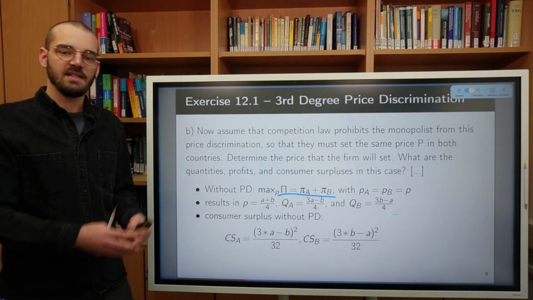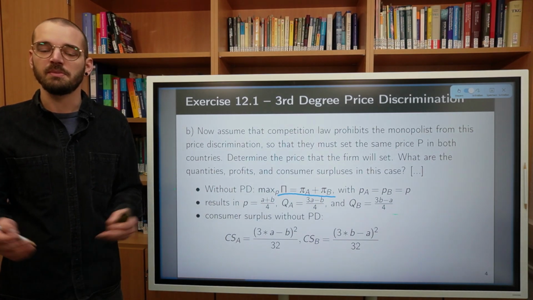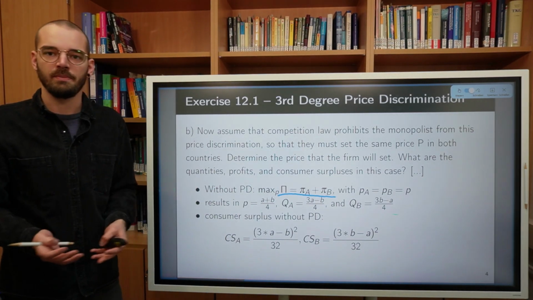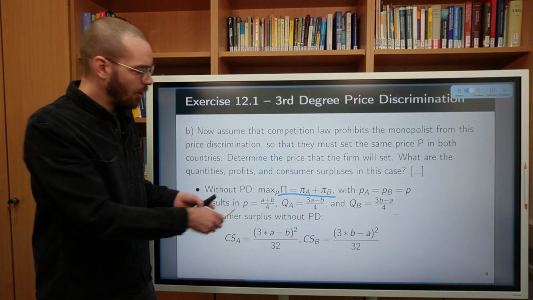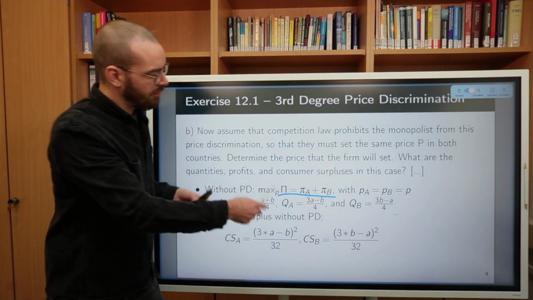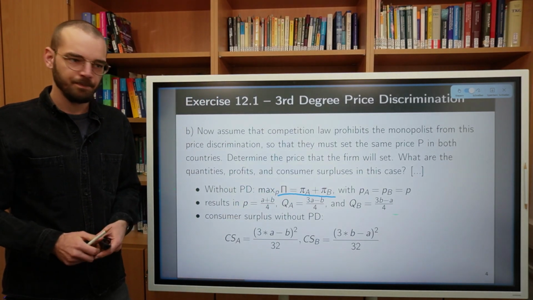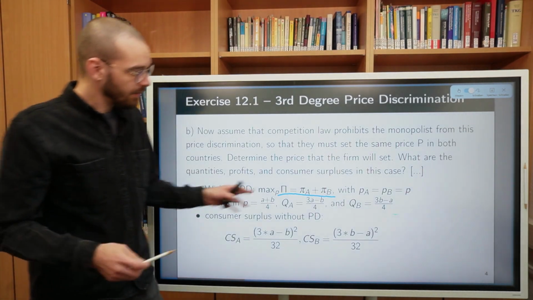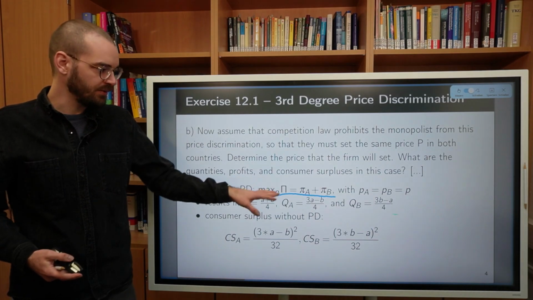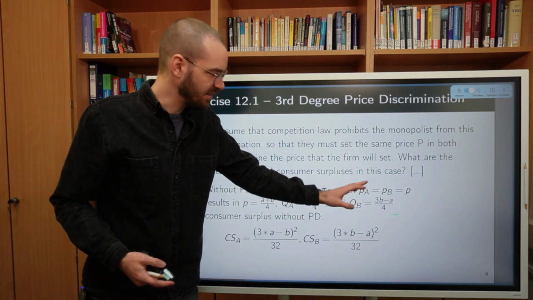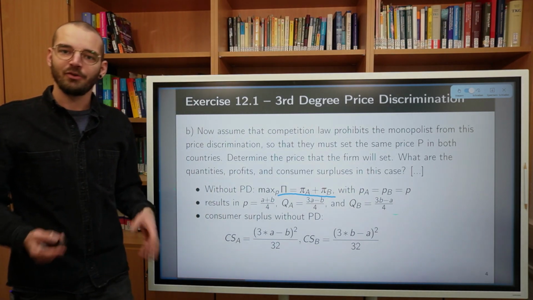But in this case we cannot separate profit maximization problems, but instead there is one single profit maximization problem, namely the maximization over choice of price of the sum of the profit functions in market A and market B. If we plug in the profit function we stated earlier, we have to consider that in this case both prices PB and PA have to be the same price.